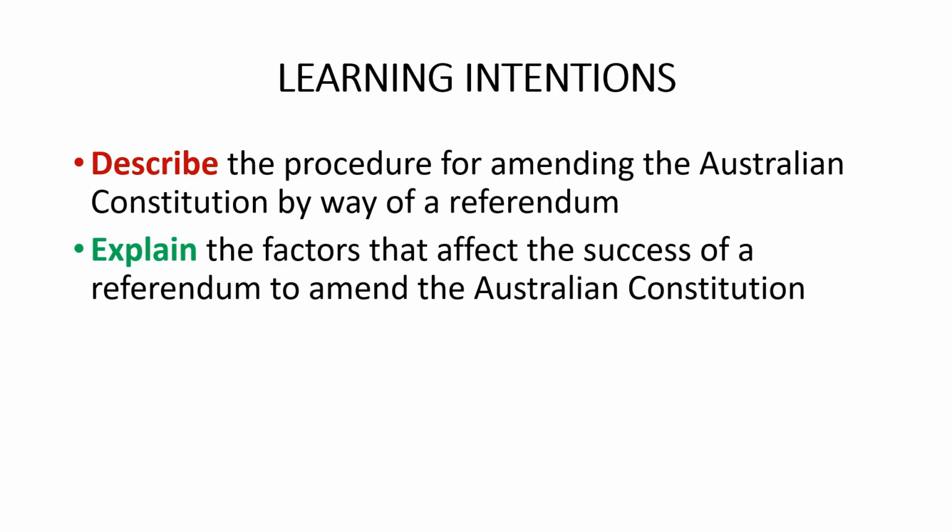And second, you should be able to explain the factors that affect the success of a referendum to amend the Australian Constitution. Don't forget to read the section from the textbook referred to on the first slide. And if you find any additional information from that reading that you think is useful, make sure that you supplement your Cornell notes with that additional information.